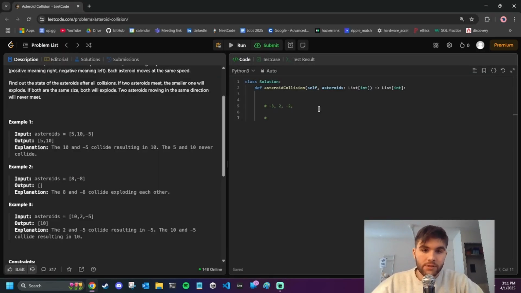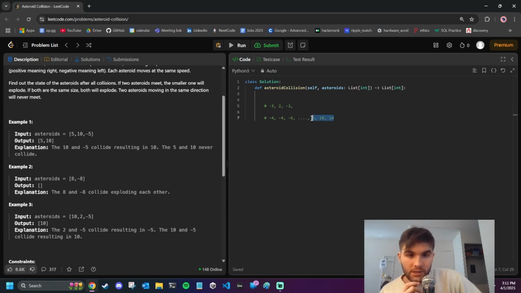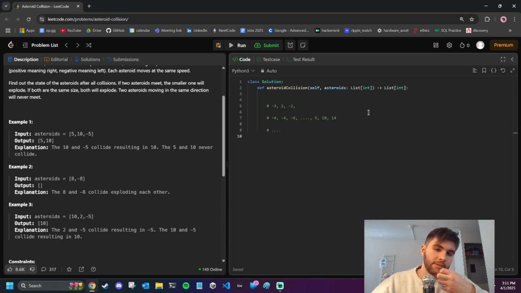So kind of an interesting thought is if we have any negative numbers at the beginning, they can actually be ignored because they'll never collide with anything. And similarly, if we have positive numbers at the end, like this, these can also be ignored because they will never collide with anything. So the interesting part is actually in the dot dot dots there.